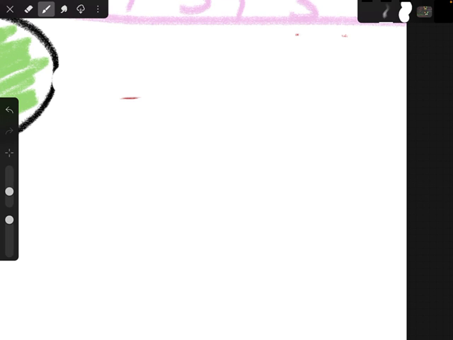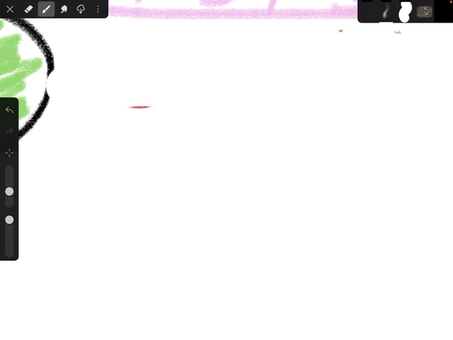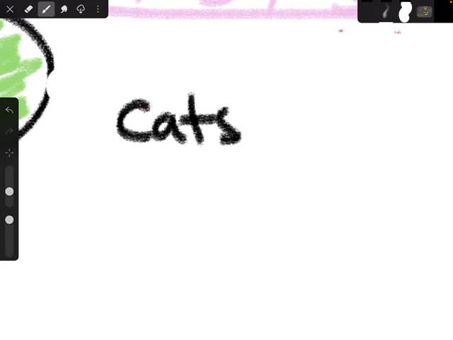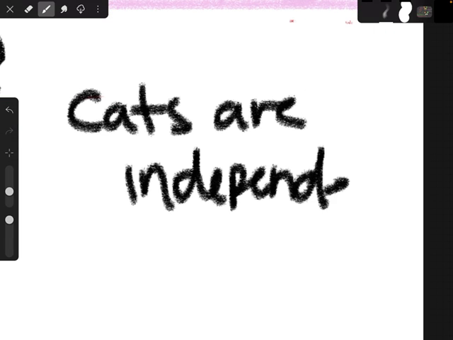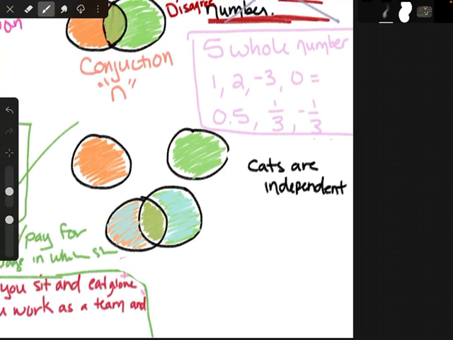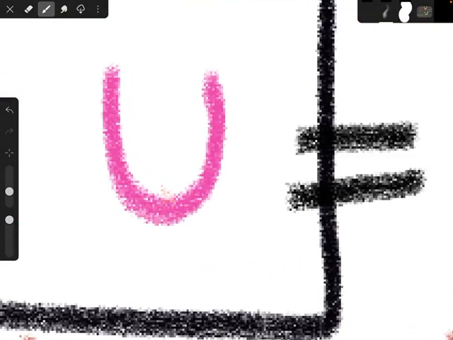So disjunction, right? Can I just put a little example out here for you? If I said that cats are independent, is that how you spell it? Independent, and the color of or is pink, right?